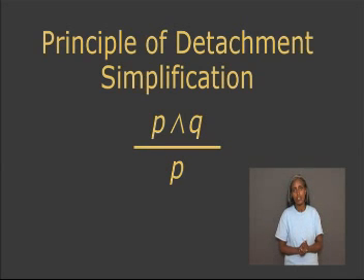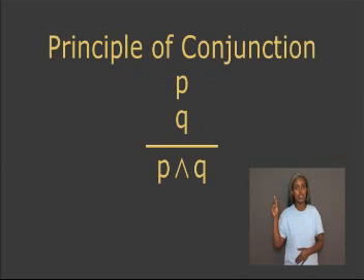It states that if P and Q is true, then P is true. This is the principle of conjunction. It states that whenever P and Q are true, the statement P and Q is also true.